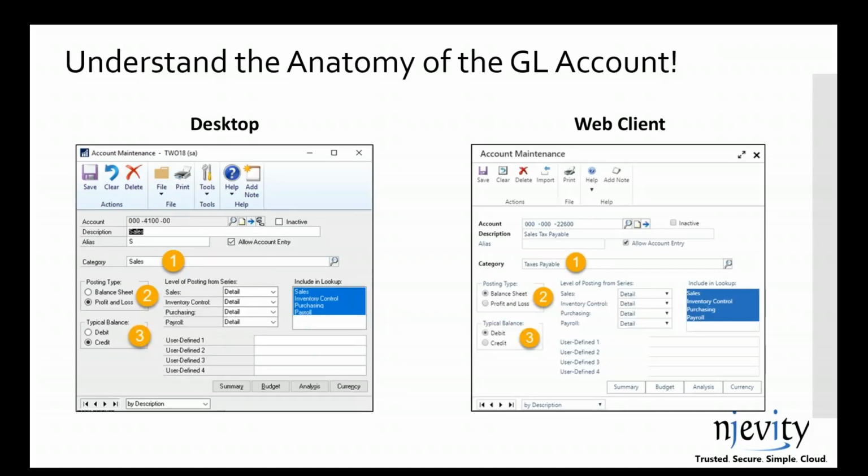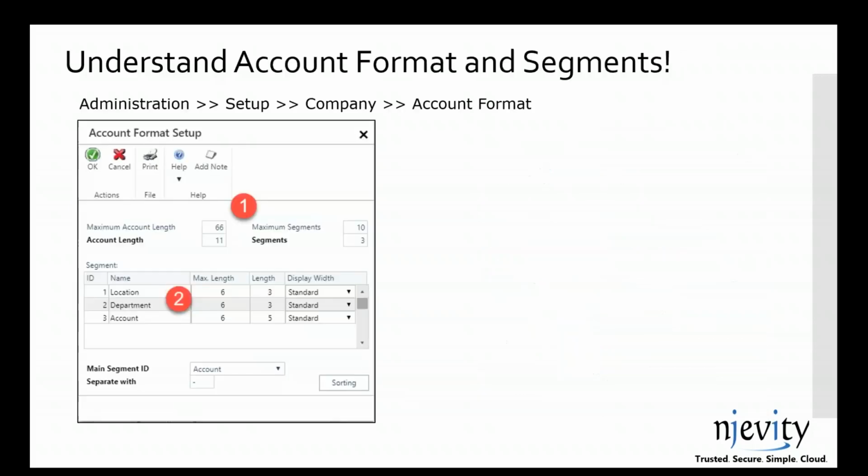Is it an asset? Is it an expense? Therefore, it should have a debit balance. If it's a liability, equity, or revenue, it should have a credit balance, regardless of what we know the balance will probably end up being.